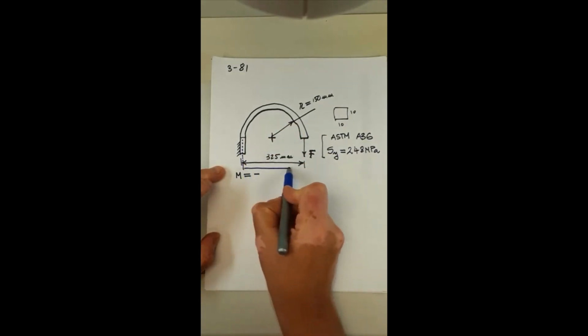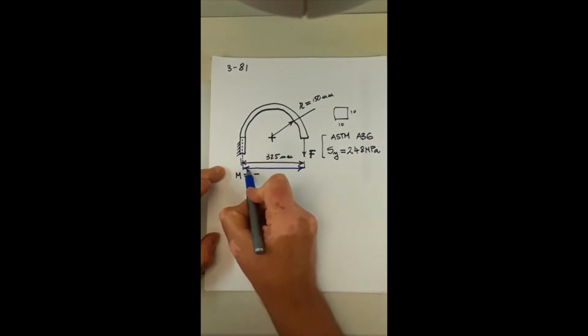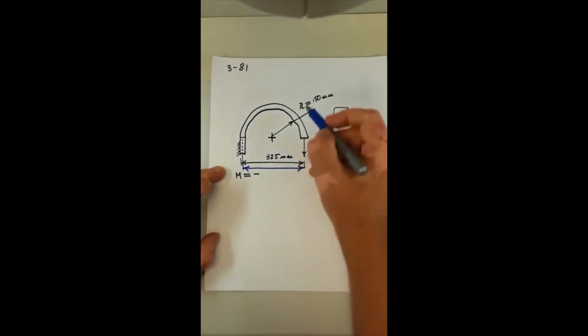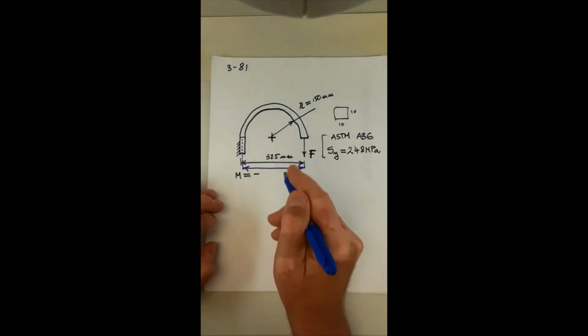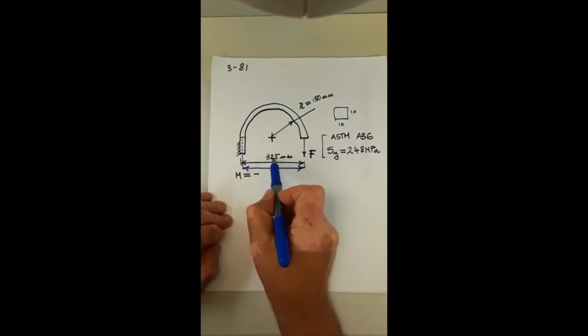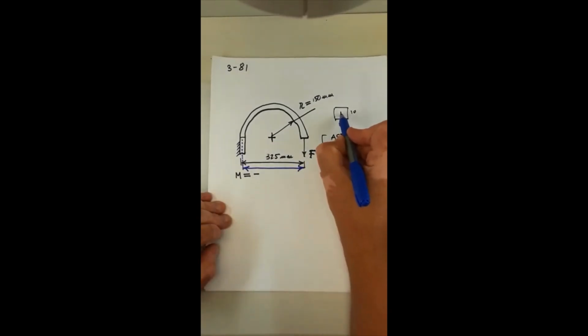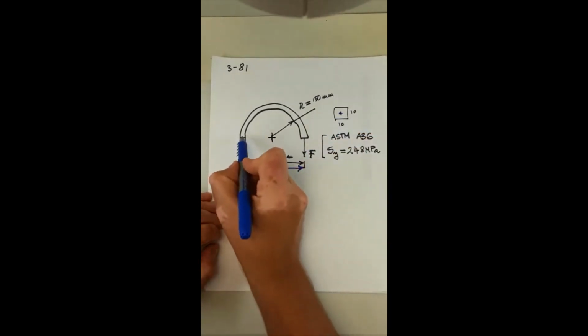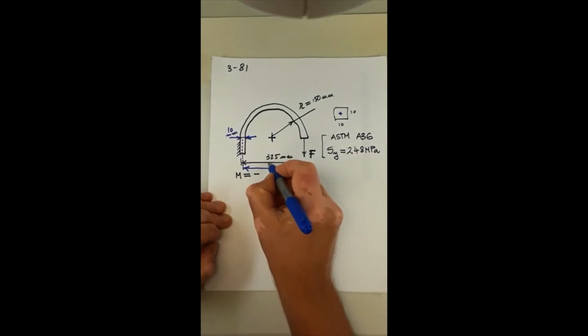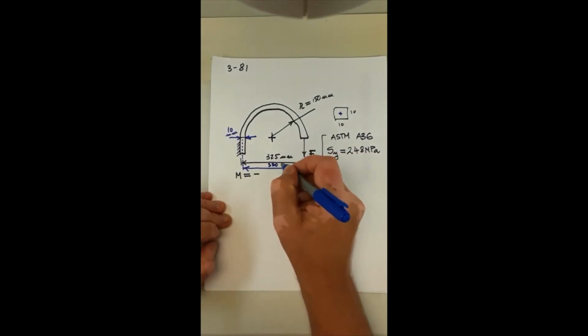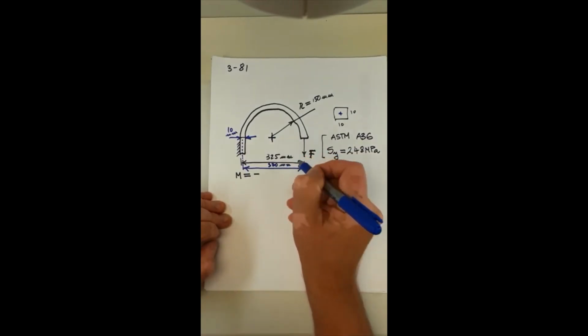This distance is from the line of action of the force to the centroidal axis. It is 325 minus half of this distance, which is 10 millimeters. Okay, so 320 millimeters. That's the arm of the force.